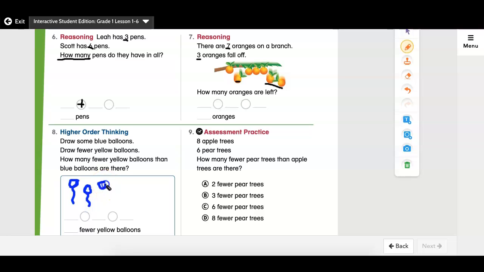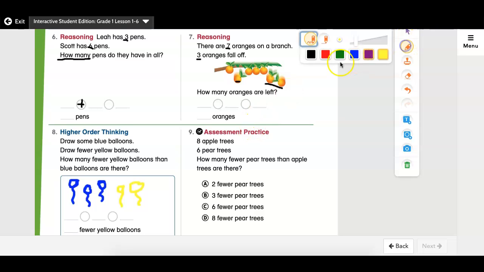Just some little blue balloons. And then it says draw fewer yellow balloons. So if I drew 1, 2, 3 blue balloons and I have to draw fewer or less yellow balloons, I can only draw 1 or 2 because those numbers are both smaller than 3.